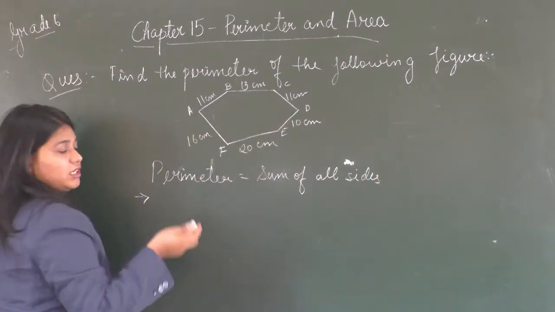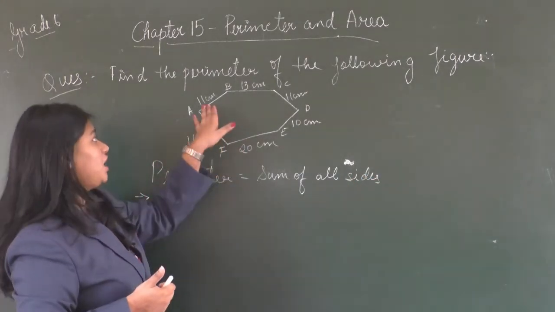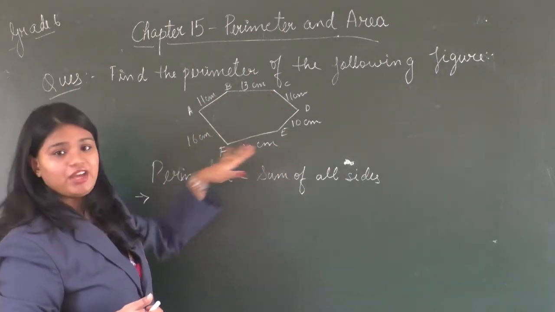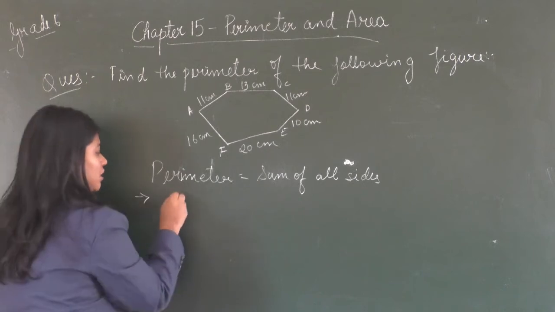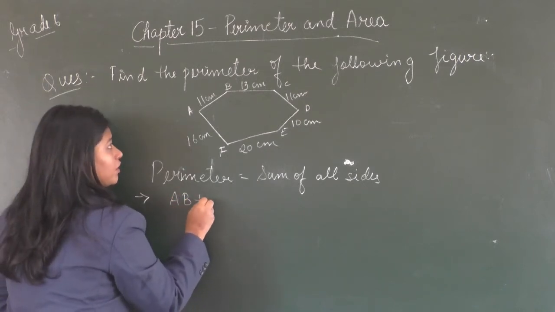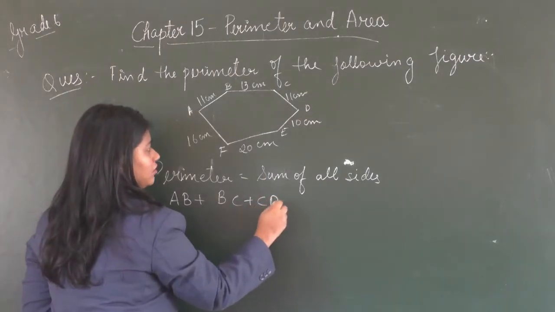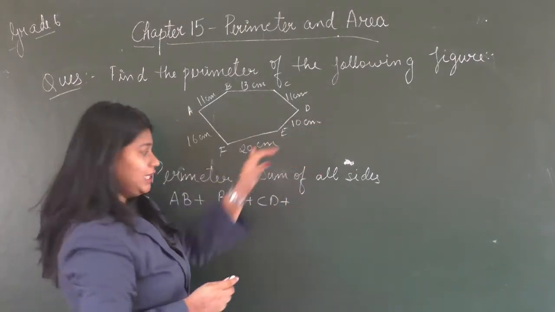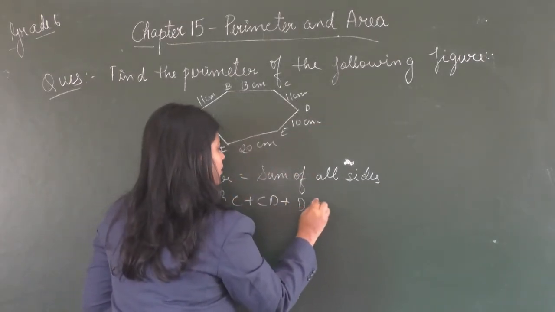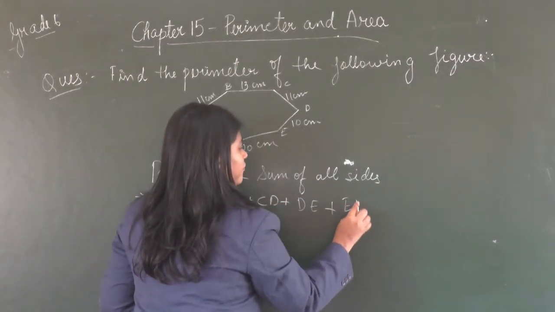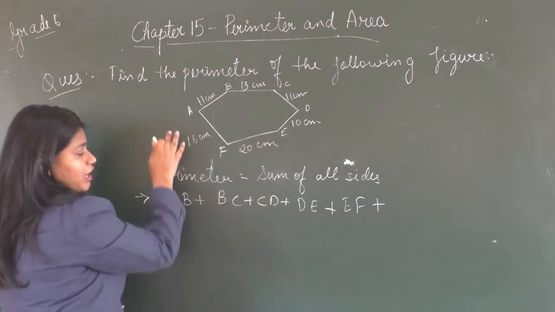Now here first we will name the sides. So we have AB, BC, CD, DE, EF and FA. So first I will write down that. So AB plus BC plus CD plus DE plus EF and plus FA.